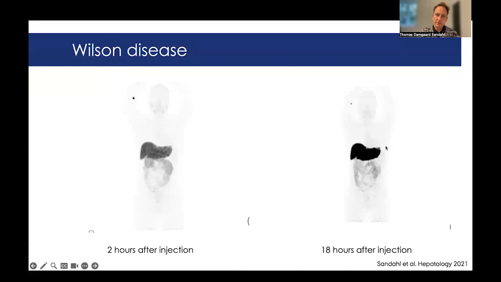And looking at 18 hours again, just more copper in the liver. You can see a small shadow here in the small intestine, but this is actually just copper brought directly by blood to the small intestine, and not an indication of excretion. So if you measure this, almost all the copper goes directly to the liver.